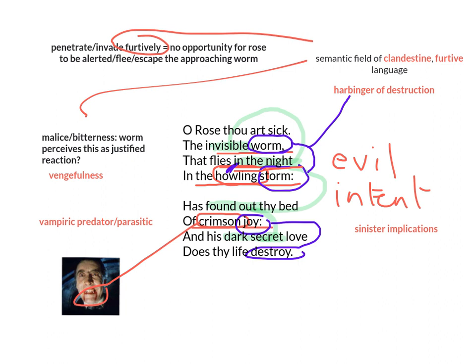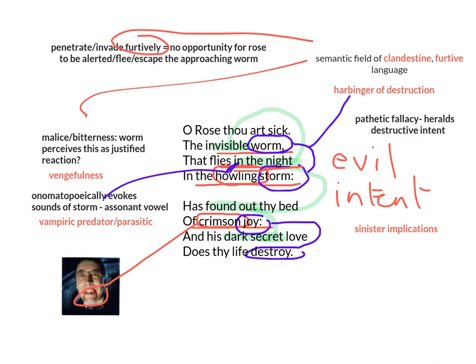So it's almost as if Blake is wanting to onomatopoeically evoke the sound of that storm, which, as I said before, heralds or foreshadows the destructive intent of this invisible worm flying in the night. So, as well as the metrical stress, we can, of course, build in the idea of pathetic fallacy there, weather indicating feeling and or mood. There's another technique we ought to tease out there and show off to the examiner about, signalling that destructive intent.